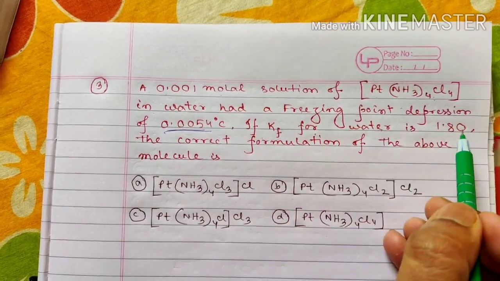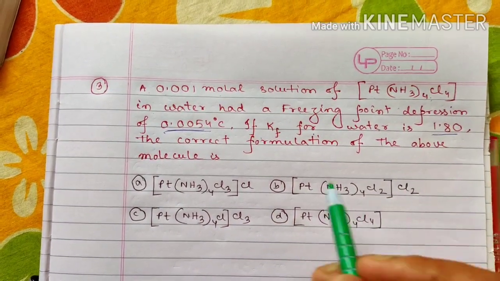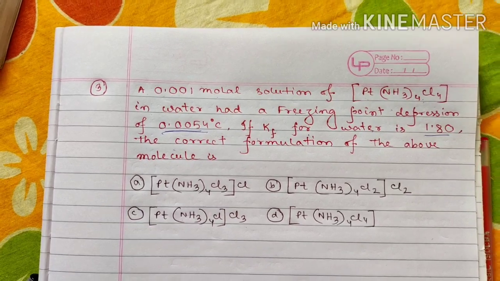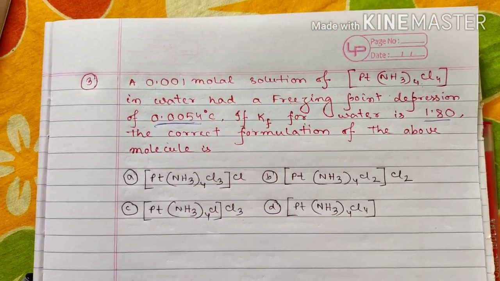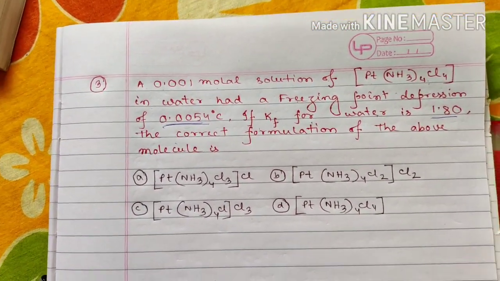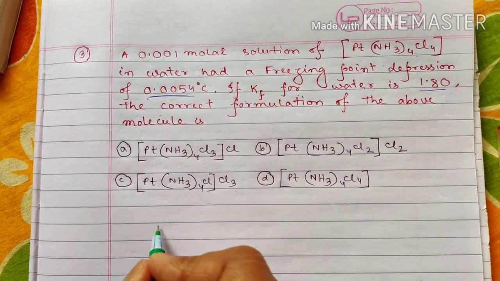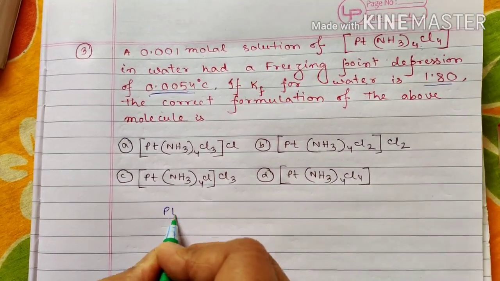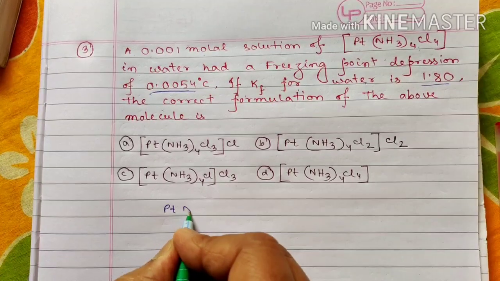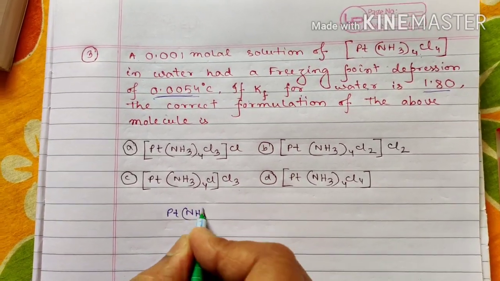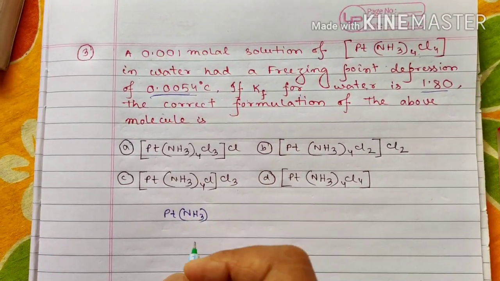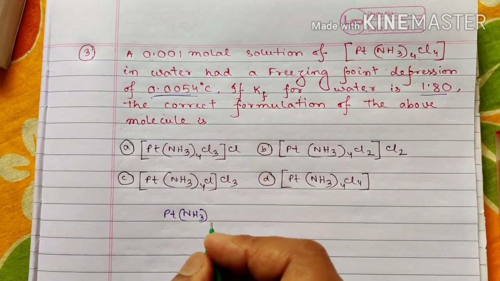If Kf for water is 1.80, the correct formulation is asked. We have not seen this type of problem yet, but let us see how to understand this. So the complex is given. Obviously, coordination complexes we have not discussed, which are there in the later chapters of class 12.